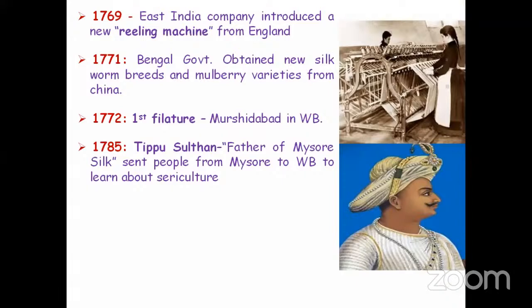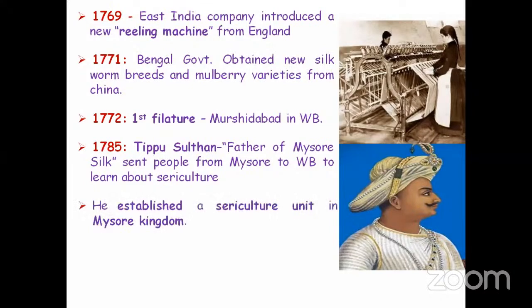He sent people from Mysore to West Bengal for learning sericulture, so he is called the father of Mysore silk. He also established a sericulture unit in the Mysore Kingdom.